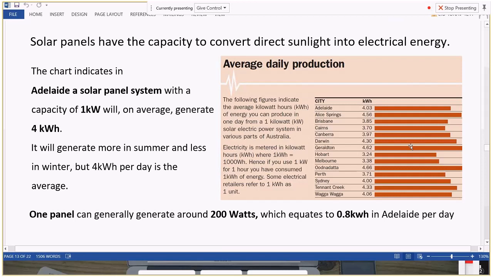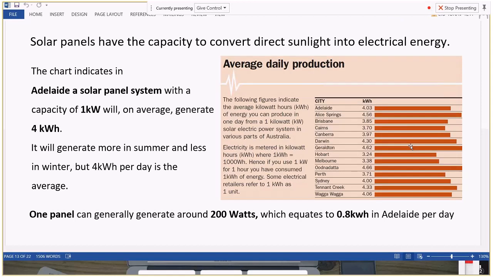But typically what people will do is they'll put on the largest system they can anyhow. The major limiting factor with that is the supply of electricity. If you're grid connected, that supply to your house comes in typically as single phase or 3 phase. Single phase is 240 volts, 3-phase is 415 volts.